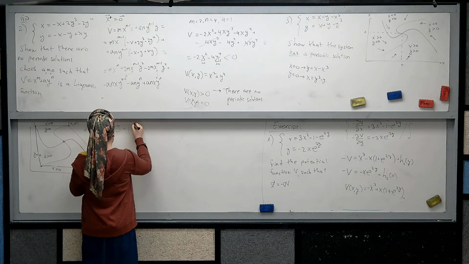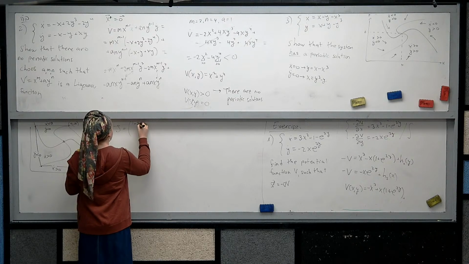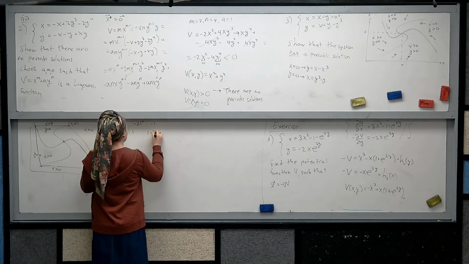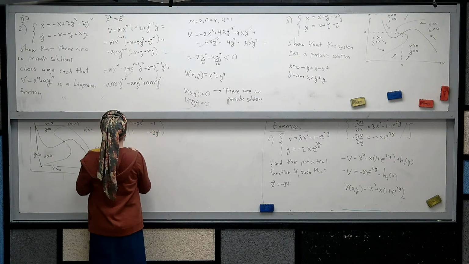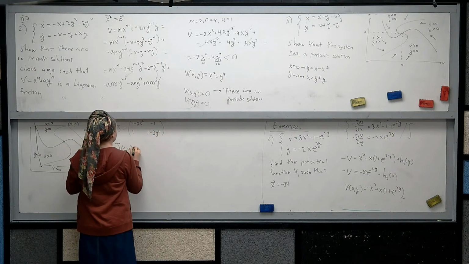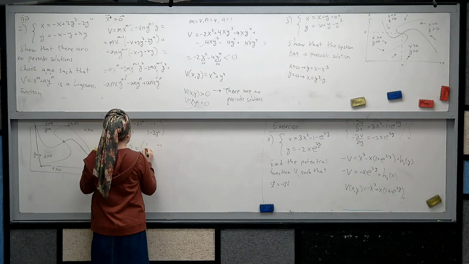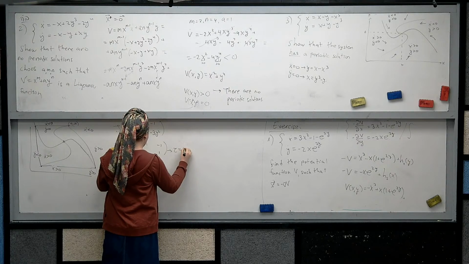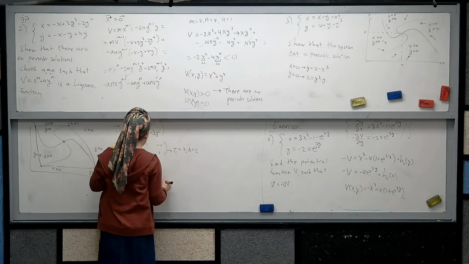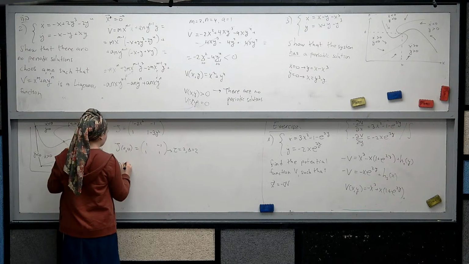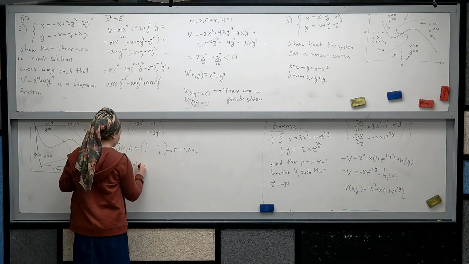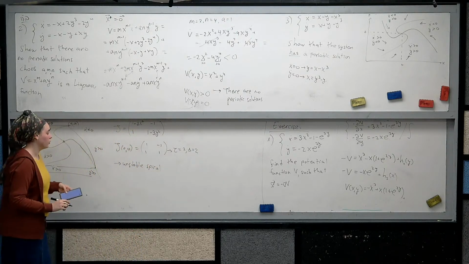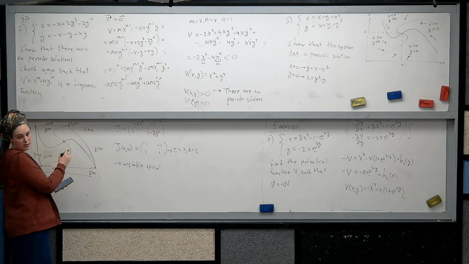The Jacobian is 1 minus 3x squared, minus 1, 1, 1 minus 3y squared. So at 0, 0, we get 1, minus 1, 1, 1. That means tau equals 2 and delta also equals 2. That means that we have an unstable spiral. So we don't have a stable fixed point.